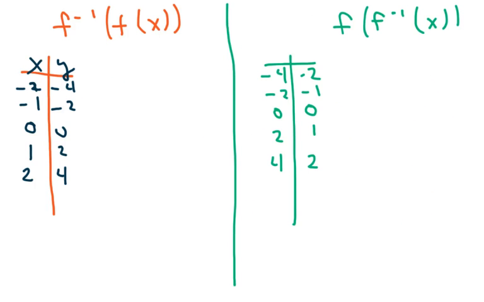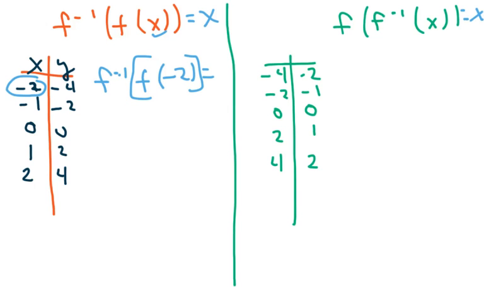Alright, so basically I'm going to show you how a composition of functions works. So we know when we're composing f with f inverse, we should get x. And the same thing when we compose the other way. Alright, so this is how you do it. You're going to write f inverse of f of, and we're going to use our first x, which is what? -2.